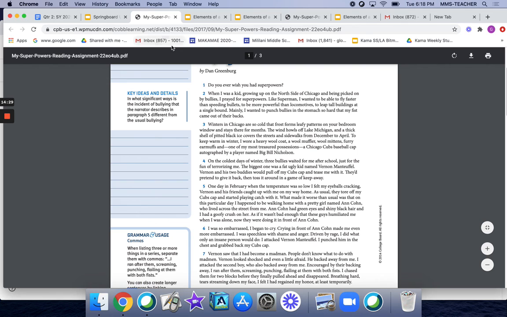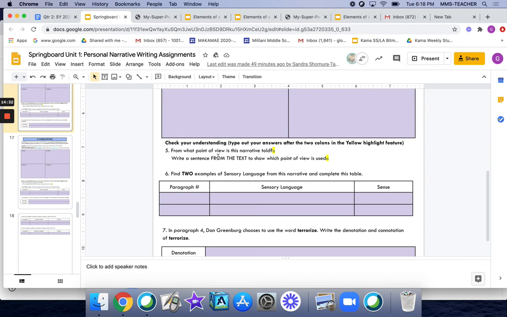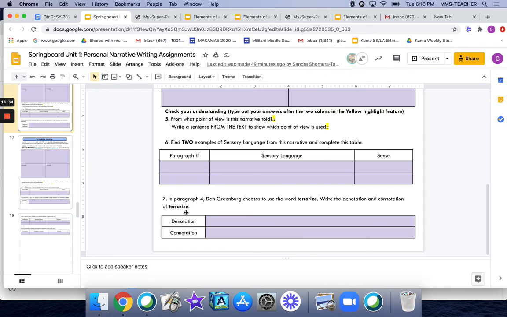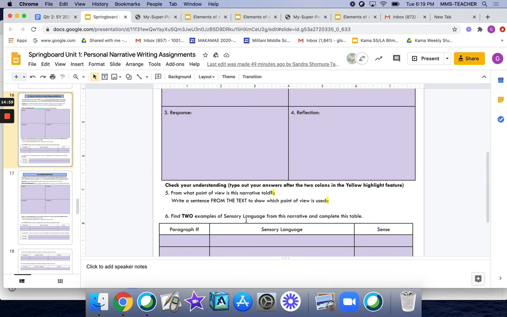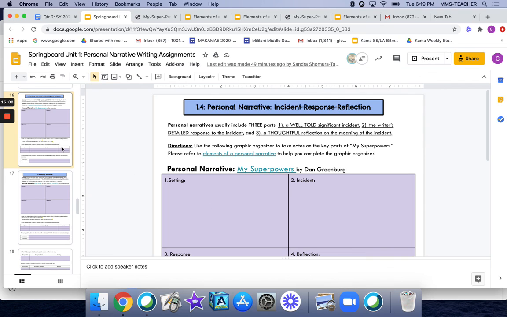And last but not least, looking at the word terrorize, write the denotation of it, which is the literal definition of terrorize, and then give me the connotation, positive or negative, how that word is used. Okay, and that is your assignment for today, 1.4 on slide number 16. Okay, enjoy.